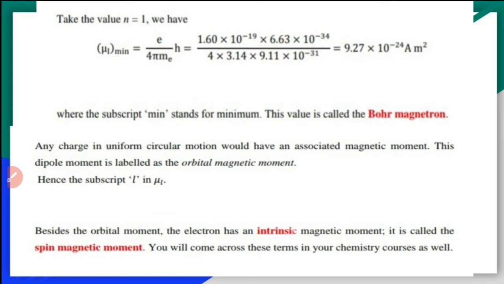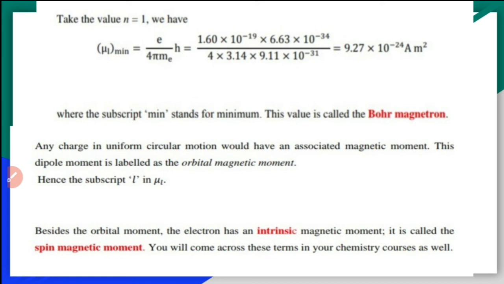This is the fundamental magnetic moment of an electron in an atom, because we considered the hydrogen atom with only one electron. For that electron, its orbital magnetic moment is 9.27 into 10 raised to minus 24 ampere meter square.